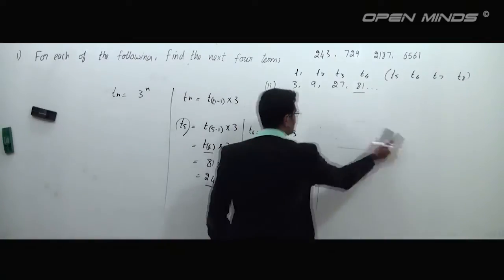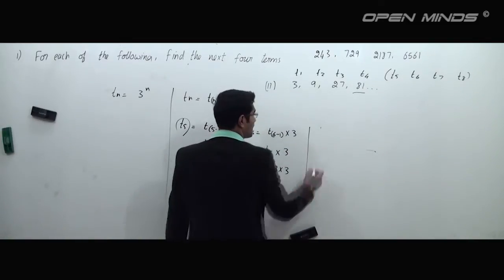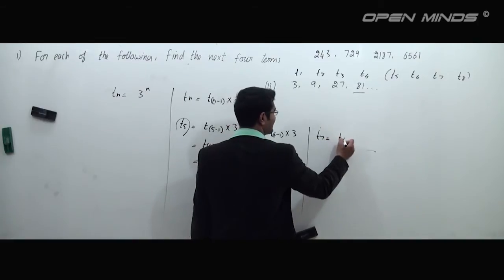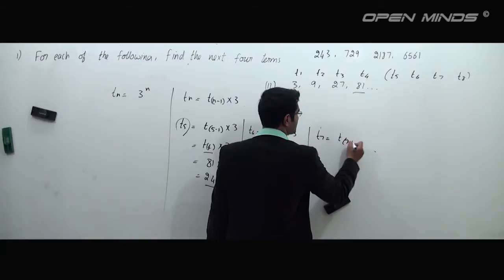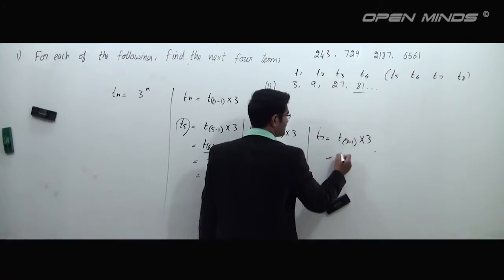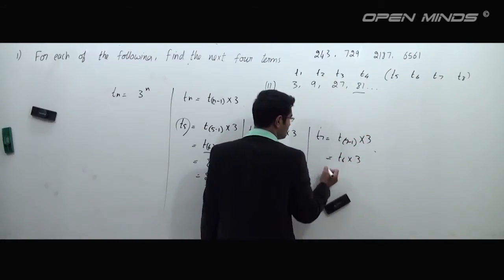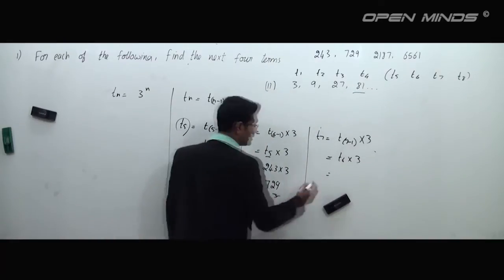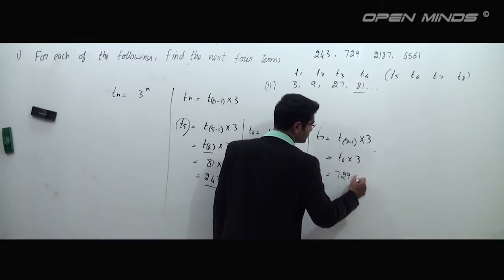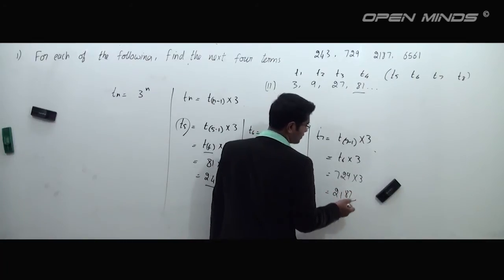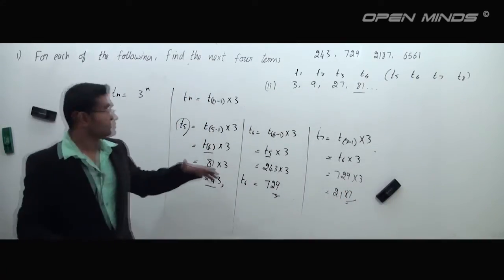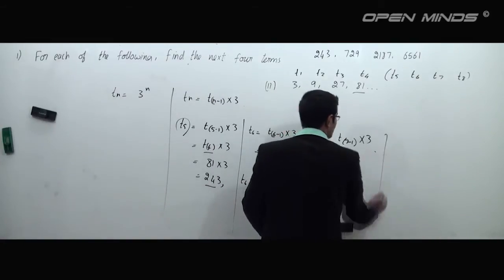Very nice. Then who's T7? I can write T7 as T6 times 3, or I can write T(7 minus 1) times 3, that is T6 times 3. Then who's T6? T6 is this guy. 729 times 3. That's it. You multiply this guy, you should get 2187. I've done this already for you. Then the last term, T8, using the same formula.